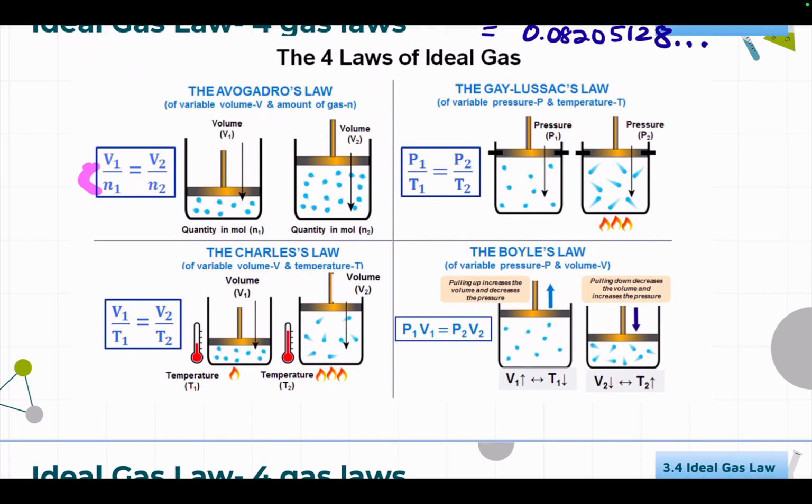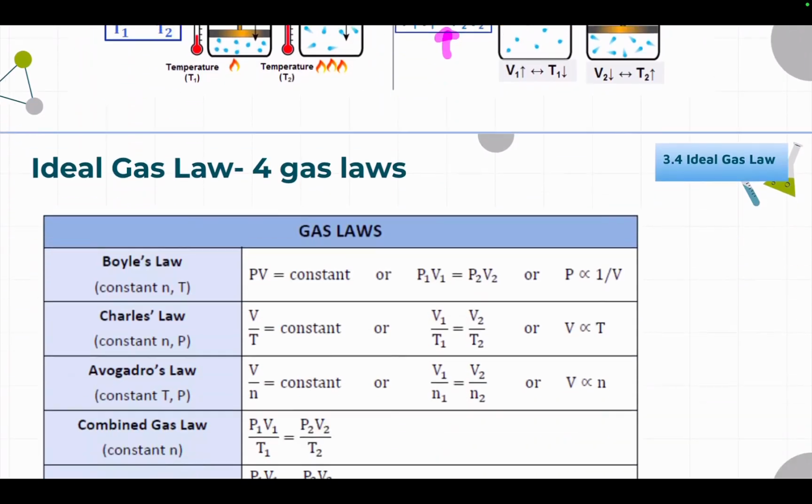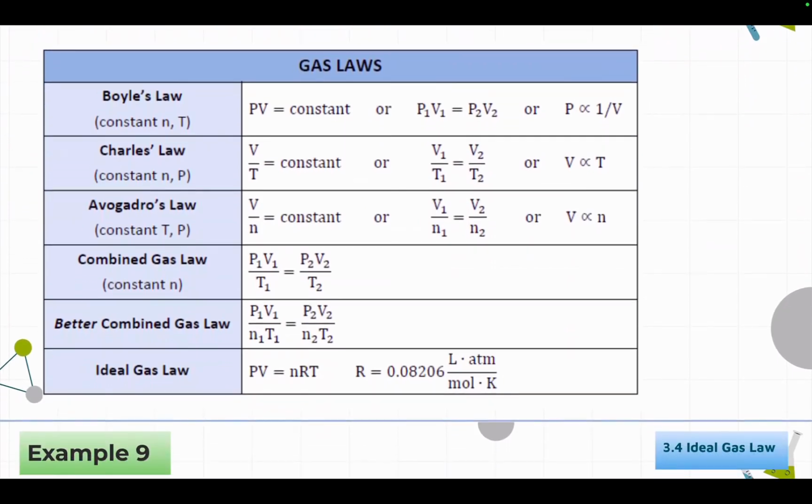Boyle's law is the inverse relationship between pressure and volume. Here is the mathematics of these, and the combined gas law, which is on your equation sheet. If I put moles in here, I can derive the ideal gas law.